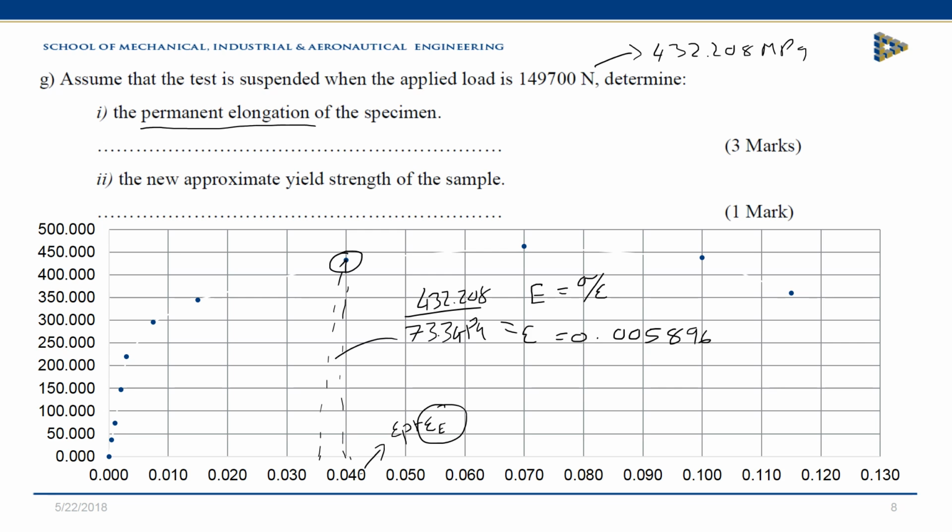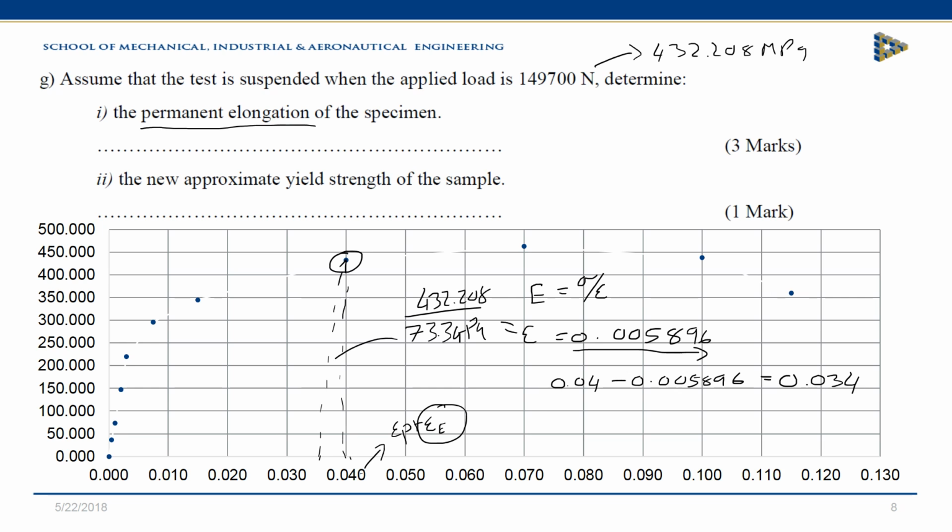Now if I take 0.04, which is my total strain, and I subtract the elastic part, it gives me a strain of 0.034.